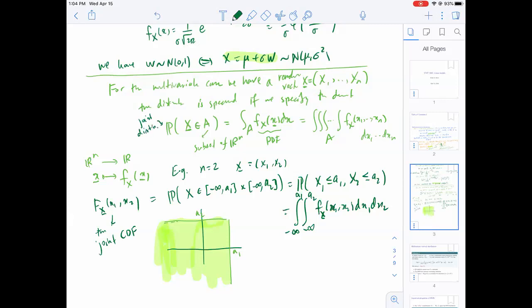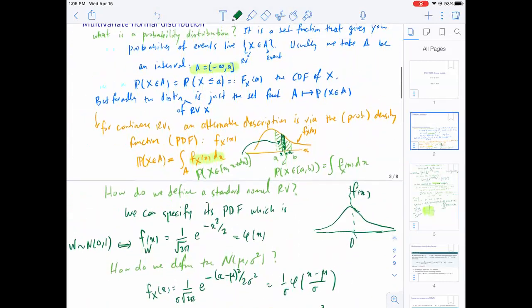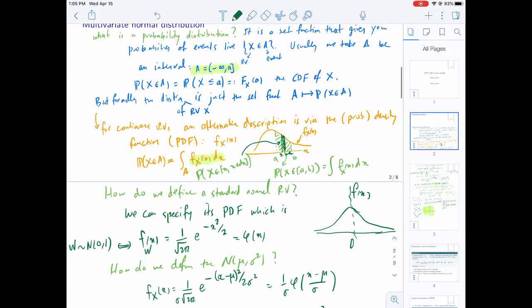So this joint distribution has more information than the so-called marginal CDFs. For any single one of these random variables, x1 or x2, if I have the CDF, I can compute the probability that, say, x1 is less than a1. Or I can compute the probability that x2 is less than a2.